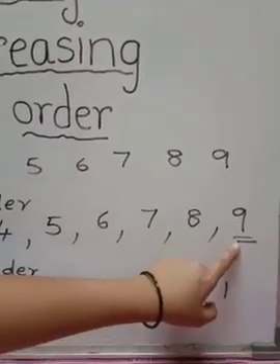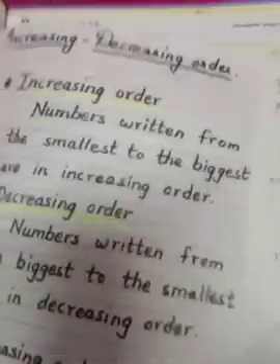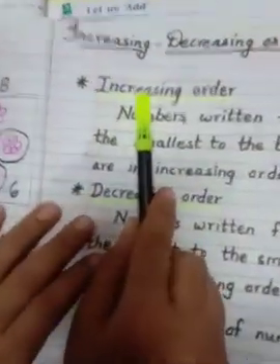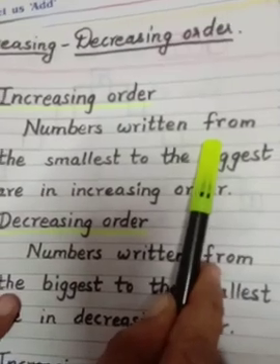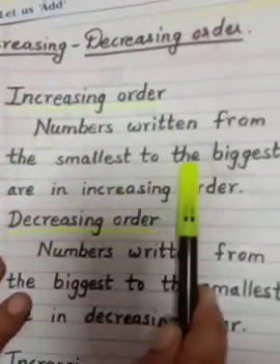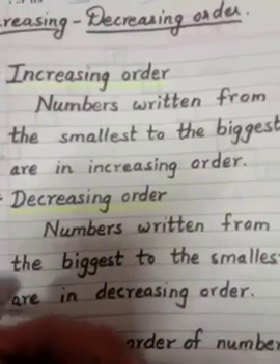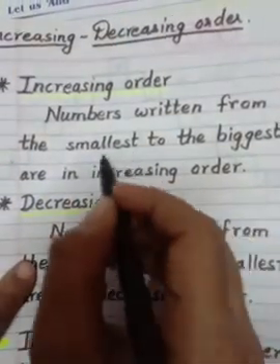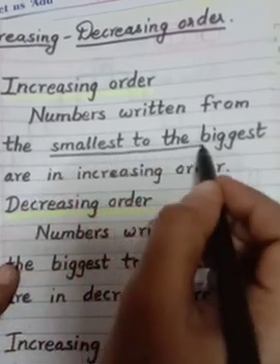Let us do some explanation of increasing and decreasing order here. Increasing order: numbers written from the smallest to the biggest are in increasing order. On the blackboard I explained smallest to the biggest.